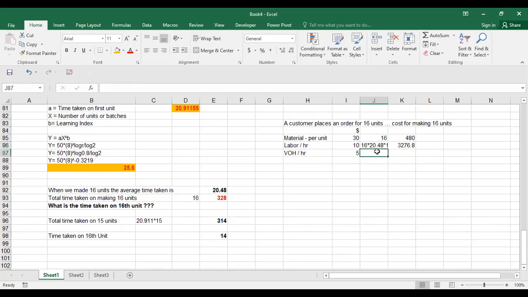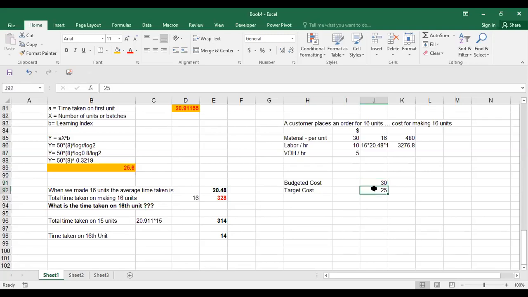So we use the learning curve concept in target costing. We use the learning curve concept in budgeting. For example, when you talk about target costing, your budgeted cost probably is $30 and your target cost is like $25. So 30 is budgeted, which means what you are achieving, what you are doing now.